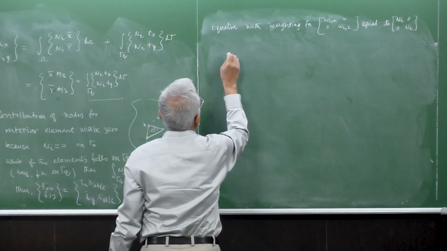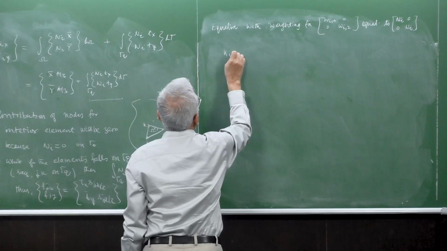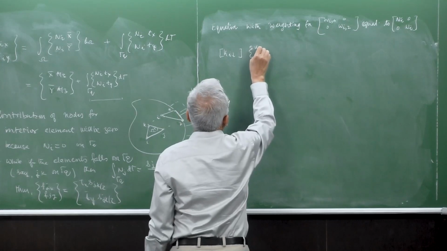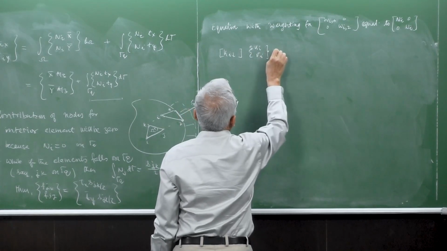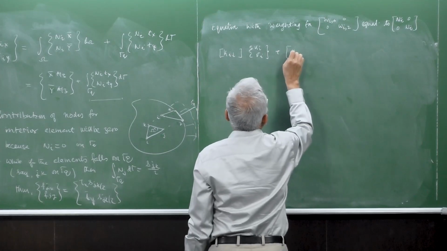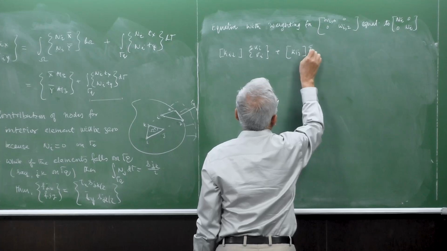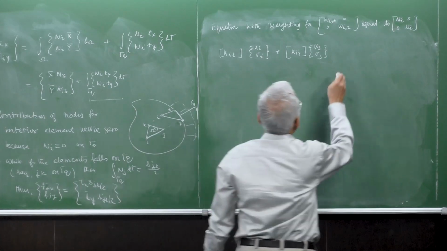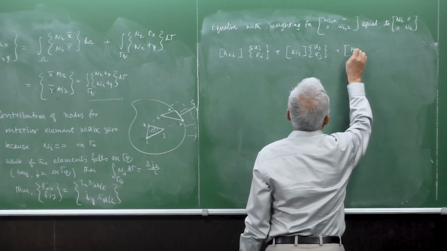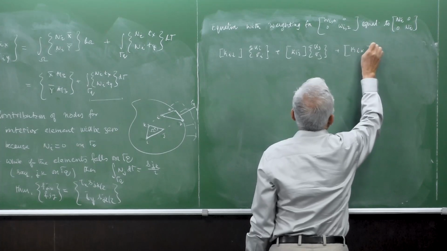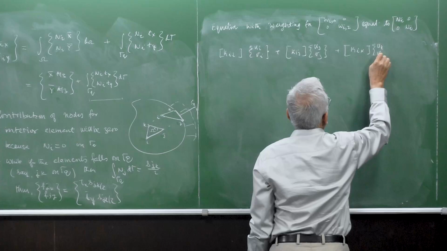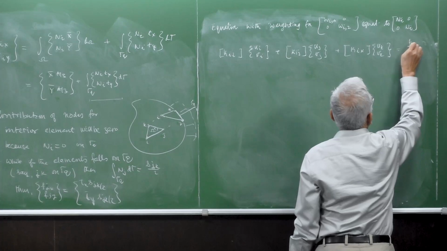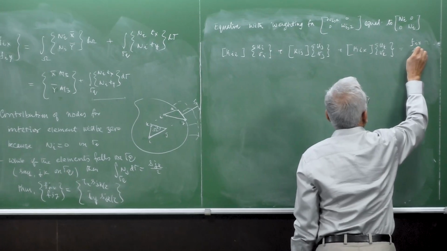So this is nothing but we have Kii, right, multiplied by Ui, Vi, Kij, Pj, and then on this side we have fix, fiy.